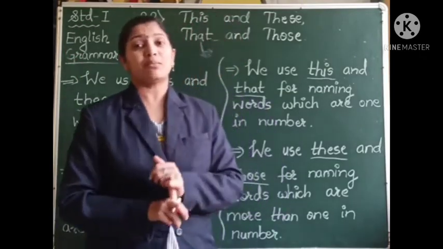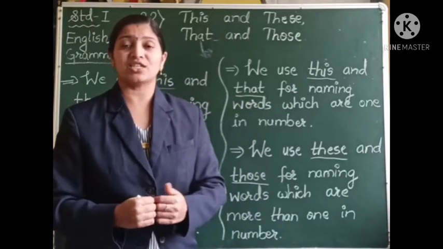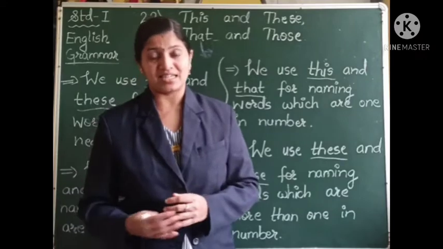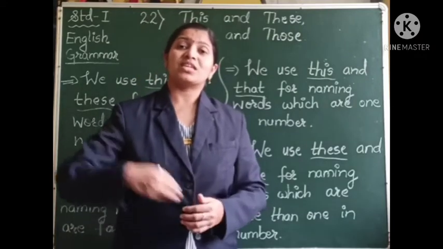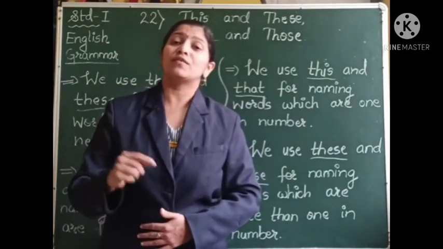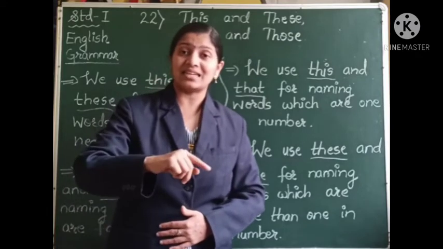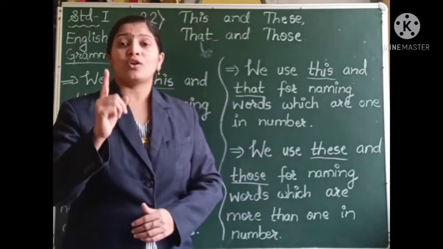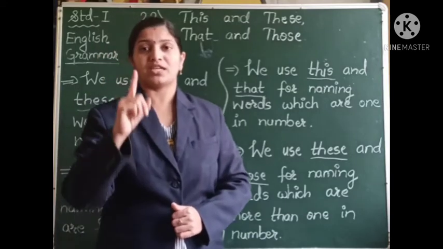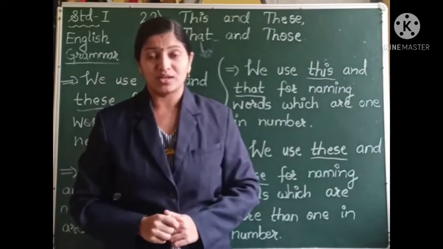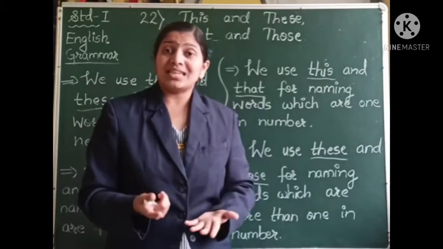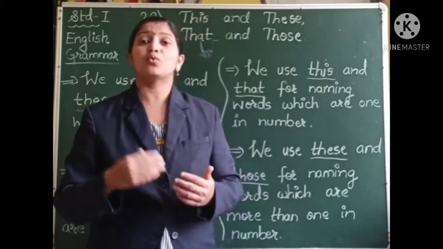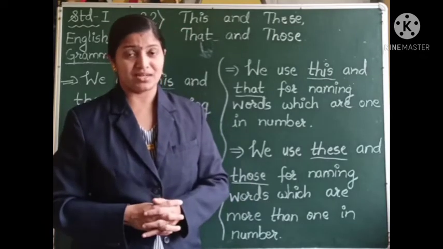So what did we discuss here? When we are speaking about things which are near us, we make use of words like this and these. When those objects are far away from us, we make use of words like that and those. This is used for a singular naming word, whereas these is used for naming words which are more than one in number.